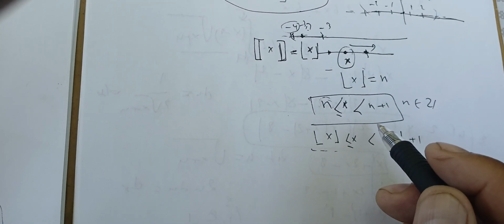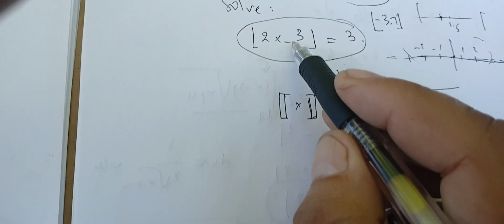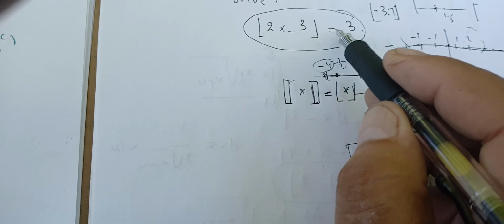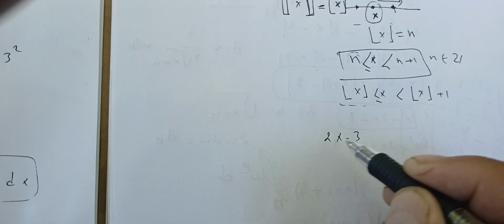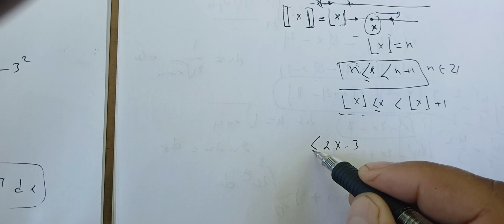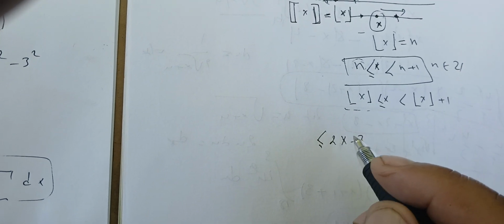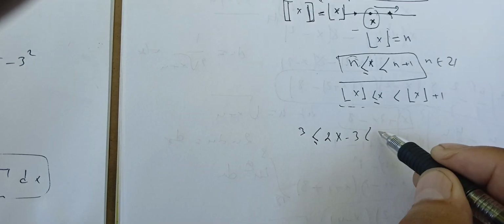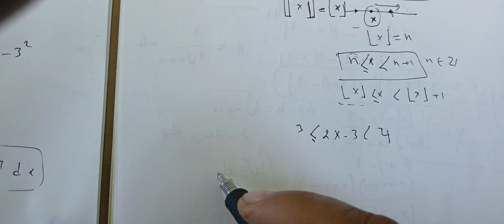This one will help us solve many questions and many problems. So for now, let's solve this one. This means that the floor function of 2x minus 3 equal to 3 means that 2x minus 3 is bigger than or equal to 3 and less than 3 plus 1, which is 4.